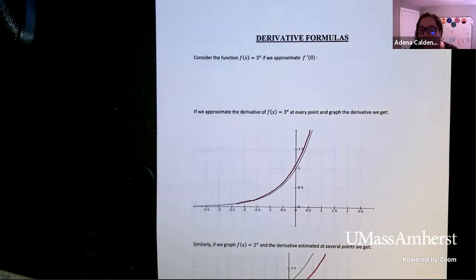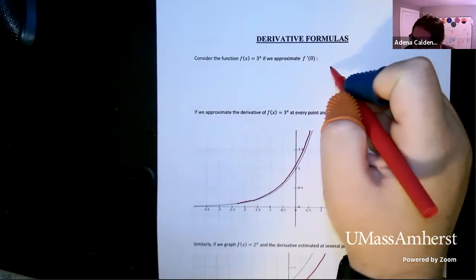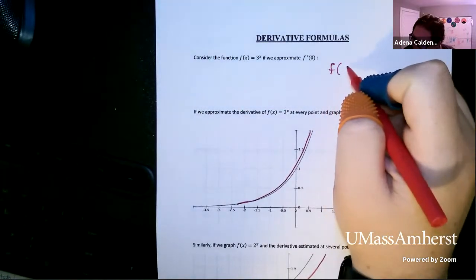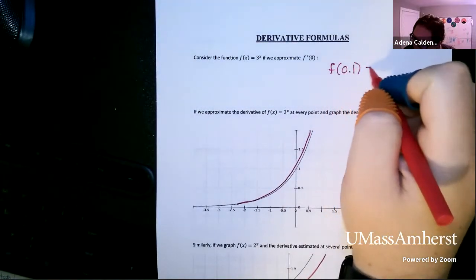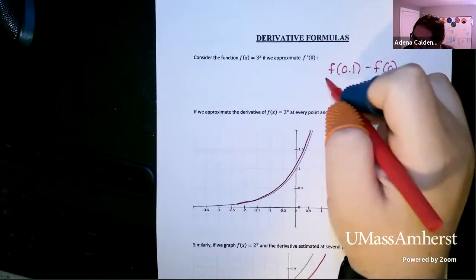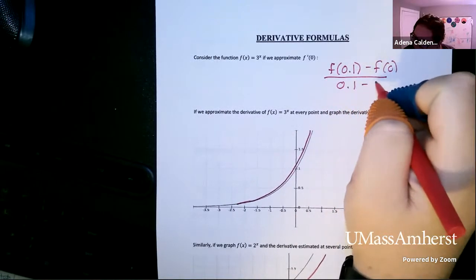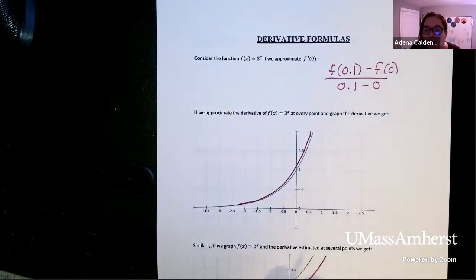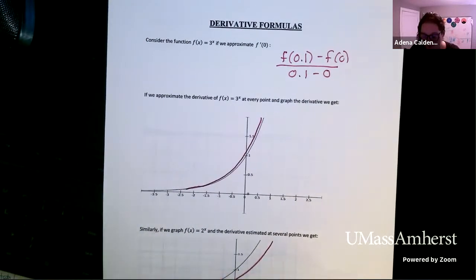Okay, before, if we wanted to approximate the derivative at a point, we would be doing the average rate of change near that point. So we would be using values like f of 0.1 minus f of 0 over 0.1 minus 0, right, to approximate the derivative at a point.